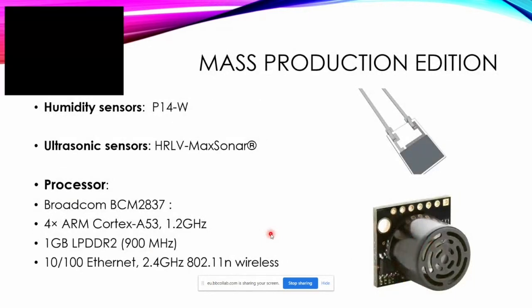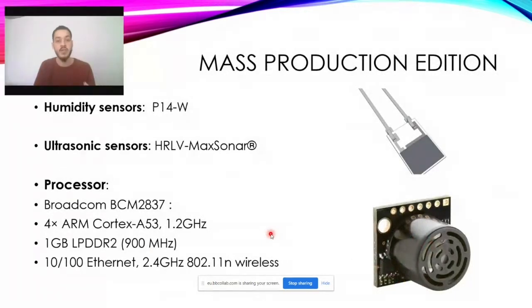And then we have moved to some higher quality sensors, sensors that have high standards and can be used in a lot of big industries. For example, we have the humidity sensor.